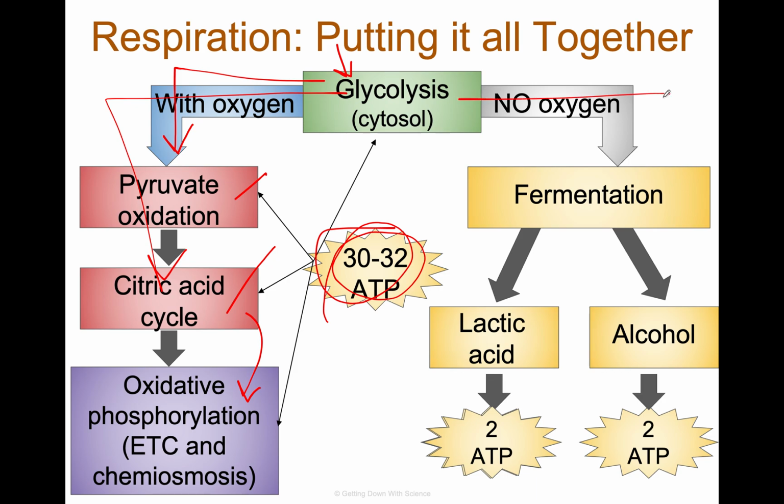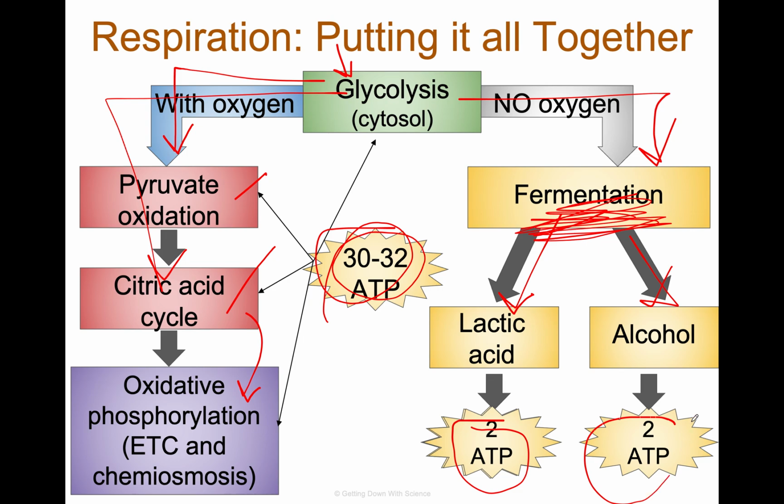If no oxygen is present, it's going to go through fermentation, anaerobic respiration. Two different types: lactic acid formation, which produces 2 ATP molecules, and alcohol fermentation, again, 2 ATP molecules. So you can see the big difference between oxygen and no oxygen as far as ATP output goes.